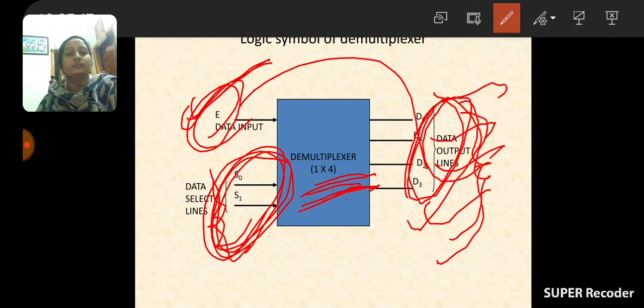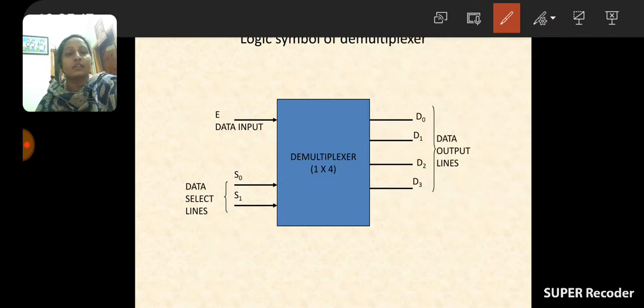So this is the block diagram of our 1 to 4 demultiplexer. How many lines are there to select the data? Two lines. How many inputs are applied in a demultiplexer? Only one input. How many output lines are there? Four lines. In this way the data must be selected. Is it clear?